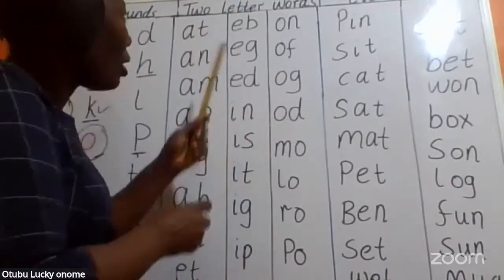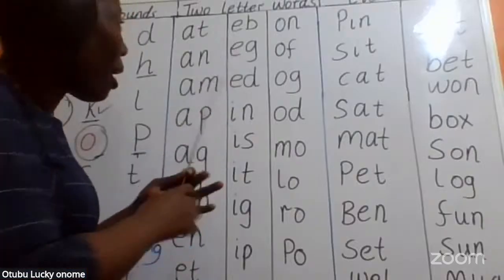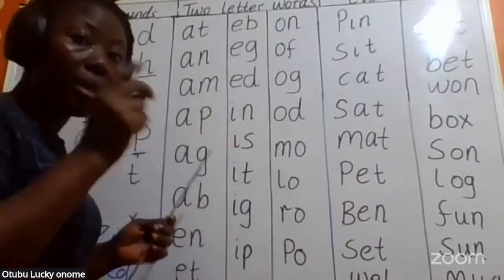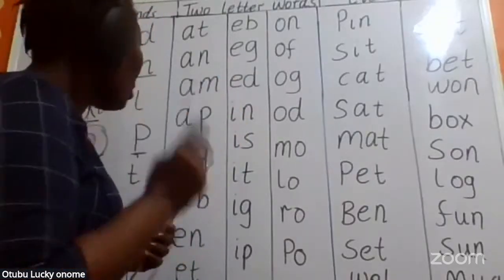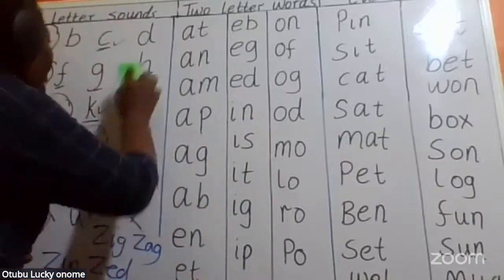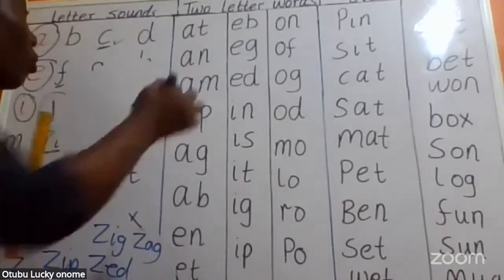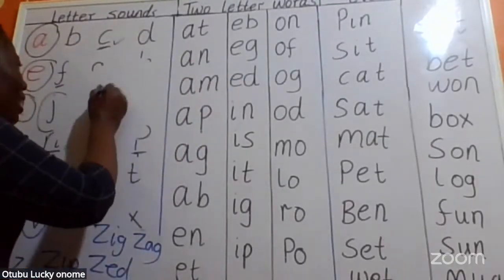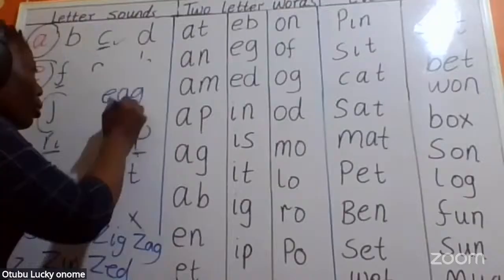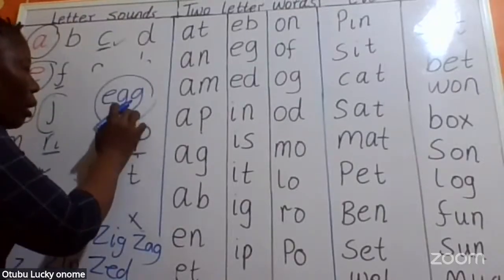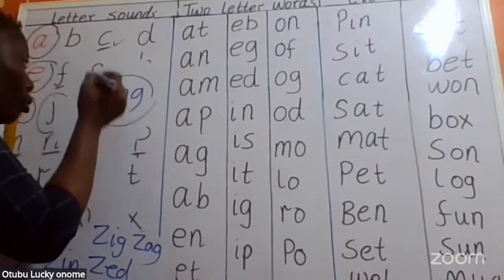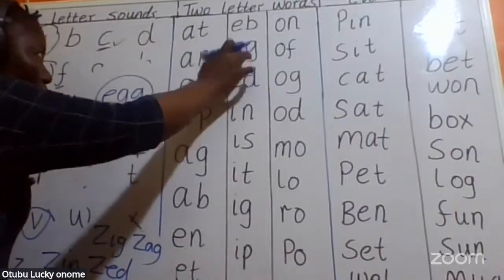Please, this is not the correct way of spelling the normal egg. When we are writing the normal egg, you have double g, two g's. So this is how to write the proper spelling, but here you are just forming two-letter words. Please don't write this.